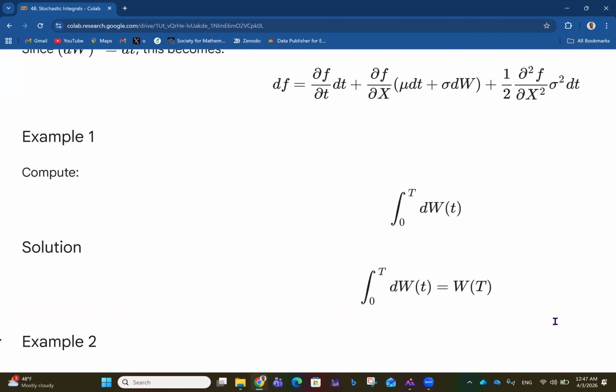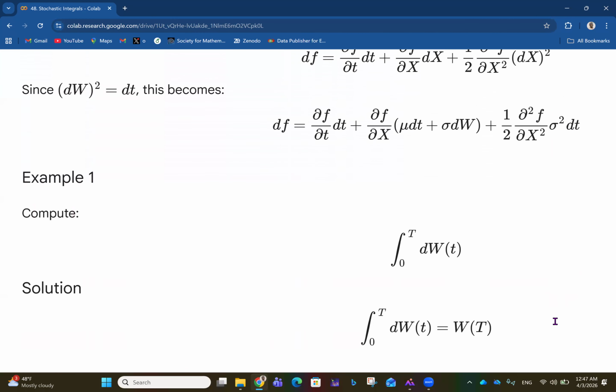Okay, so talking about example 1 now, we imagine we want to compute the integral from 0 to t of dW_t. Of course, we know already that, maybe I need to open the worksheet now.